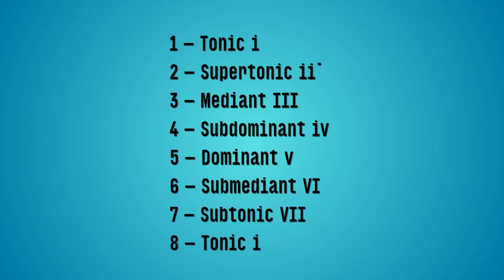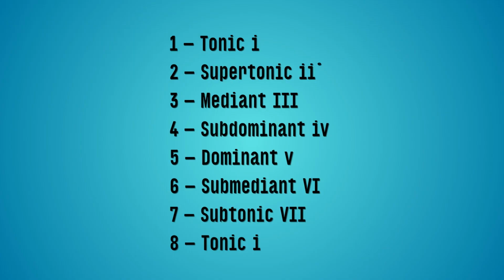In the natural minor scale, the basic triad pattern is minor 1, diminished 2, major 3, minor 4, minor 5, major 6, and major 7. Using Roman numerals, that is i, ii diminished, III, iv, v, VI, and VII.